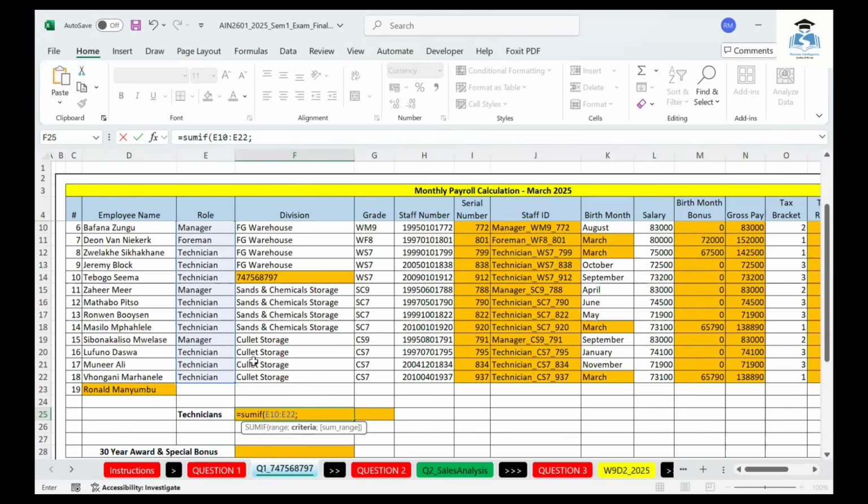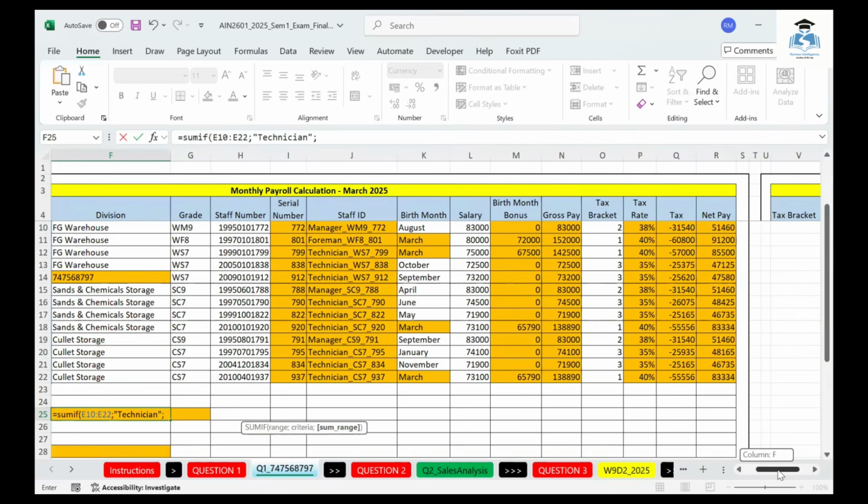Then you put the criteria, the technician. You're going to type it in quotation marks, like this. Then the sum range, from N10 to N22.